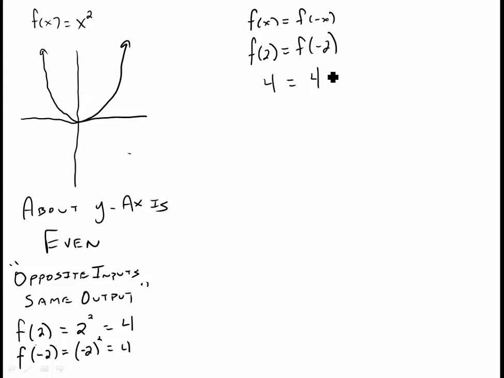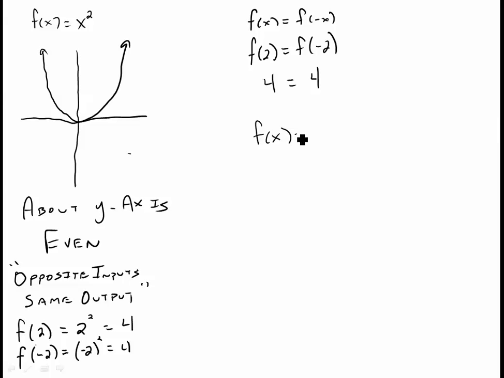Now sometimes it's easy to tell if a function is even, just based on you're squaring a single number or things of that nature, or you happen to know what the graph looks like. But if you weren't sure, a way you could test it would look something like this.